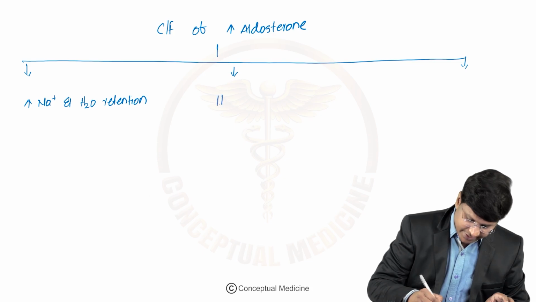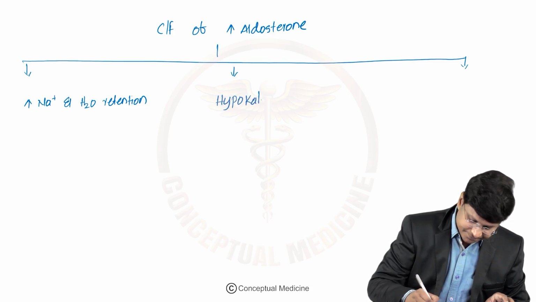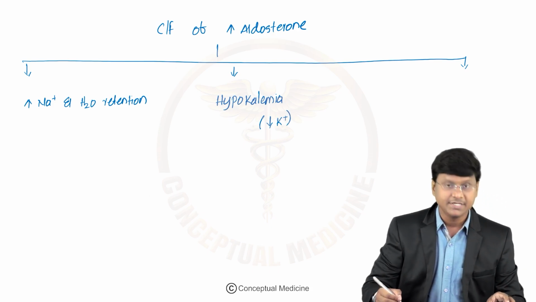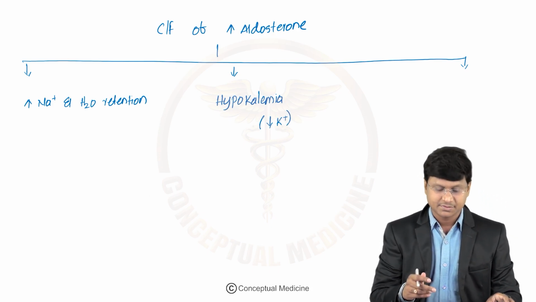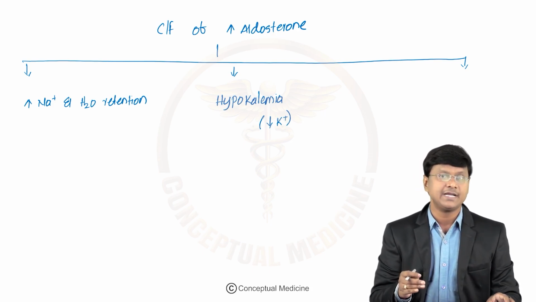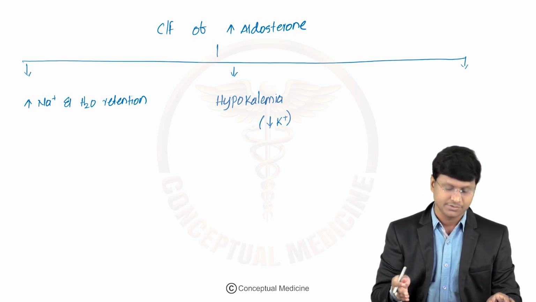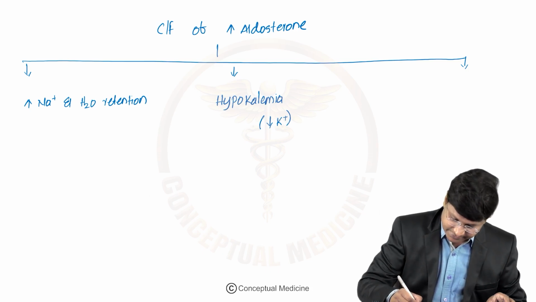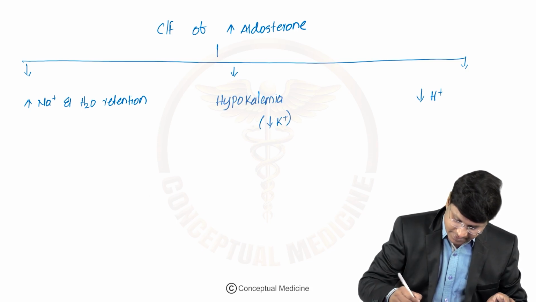So, the individual can have hypokalemia, right? And the third thing is, aldosterone will cause H plus ion excretion. That will result in a decrease in H plus ions, that is alkalosis.